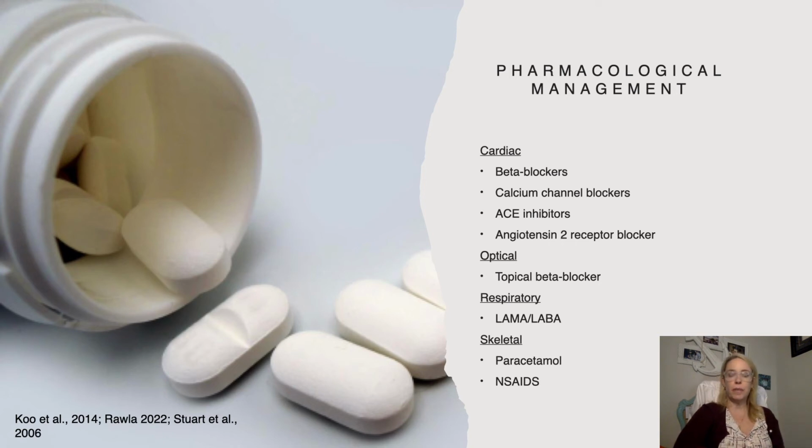If they show COPD signs, you probably get a LAMA or LABA. Skeletal, some NSAIDs, but the main concern and the most threat to people with this syndrome is cardiac dissection, the aortic dissection, and beta blockers are used continuously as a prevention.